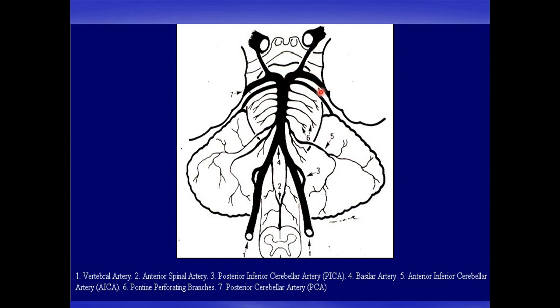What is this structure between the superior cerebellar and the posterior cerebral artery, the PCA? There is a cranial nerve. Which cranial nerve is located here? What nerve is located between the posterior cerebral and the superior cerebellar?